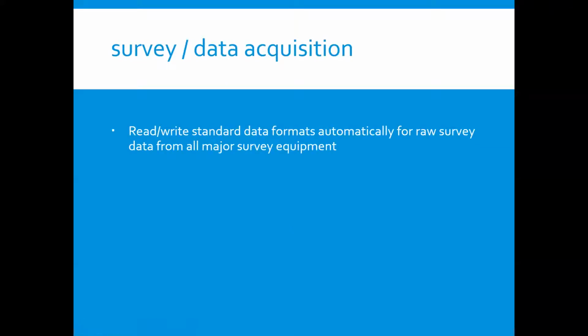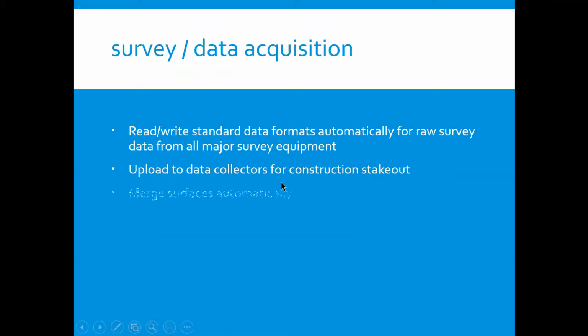What is all required? You need to have a starting point. Any design starts from the survey and the survey base and the data acquisition. The software will read and write standard data formats automatically for raw survey data from all major survey equipment. It will upload to data collectors for construction stakeout. Merge surfaces automatically.